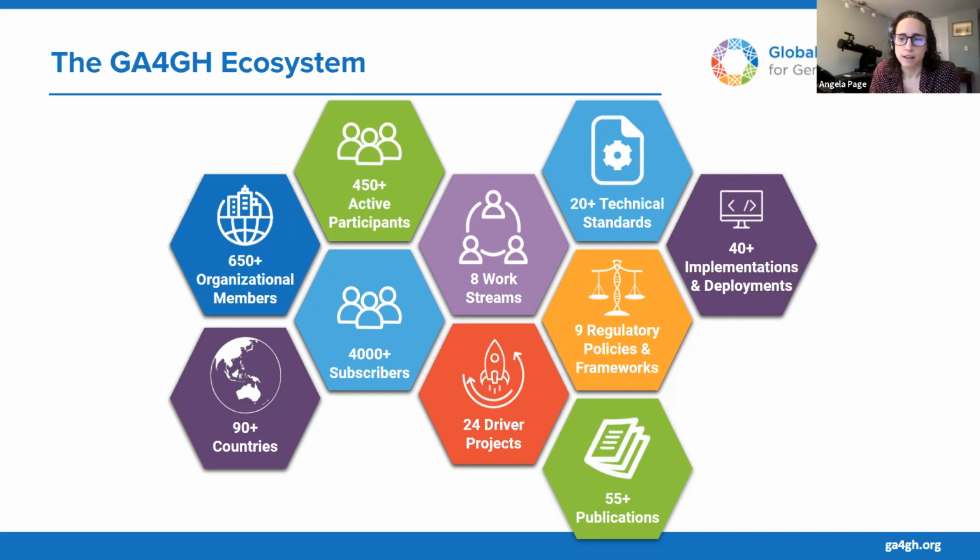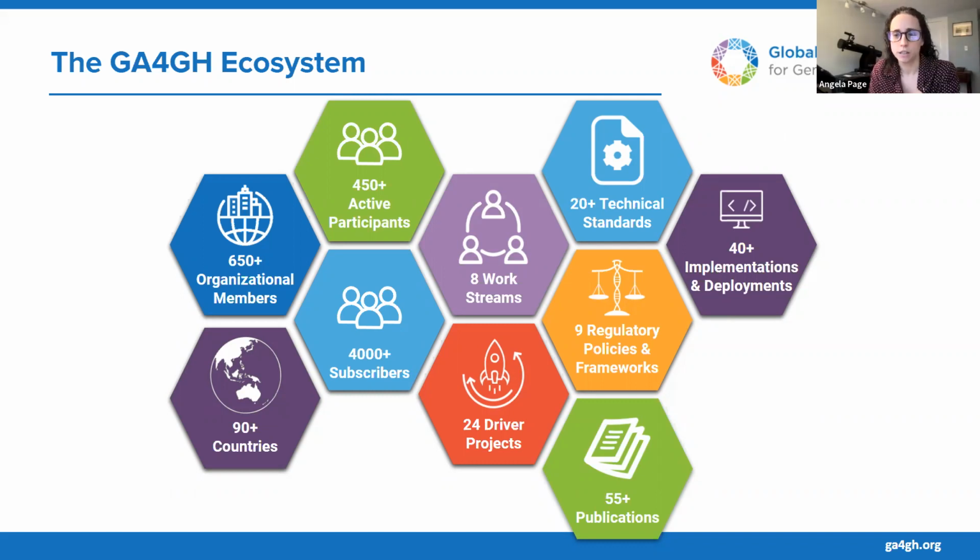We also have 4,000 plus, probably much more than that by now, subscribers. These are individuals who have, like some of you on here, subscribed to our newsletter, but are just observing, watching, seeing what GA4GH produces. Of those, about 450 or so are active participants in the GA4GH work streams.